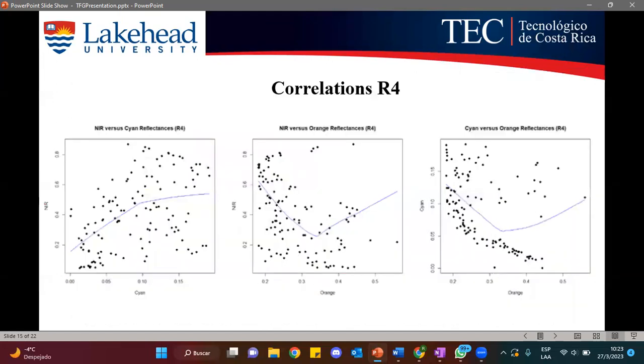Then between the bands, what is important here to see is that there are no linear relationships between near infrared and cyan and orange, or between cyan and orange bands. Again, it's pretty much the same for R7.